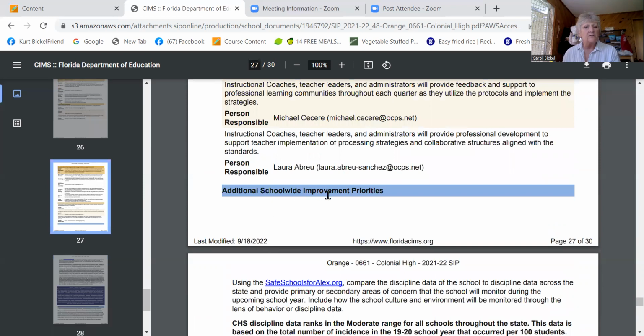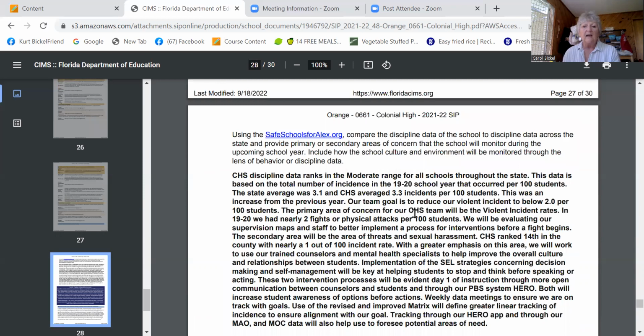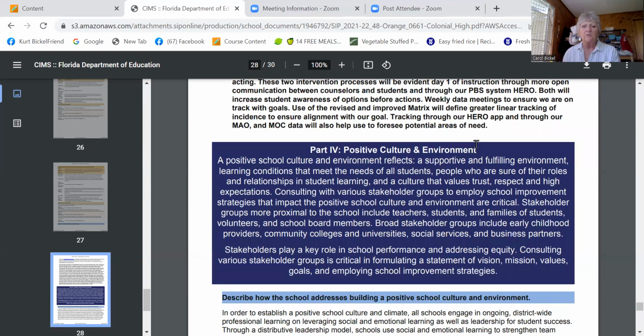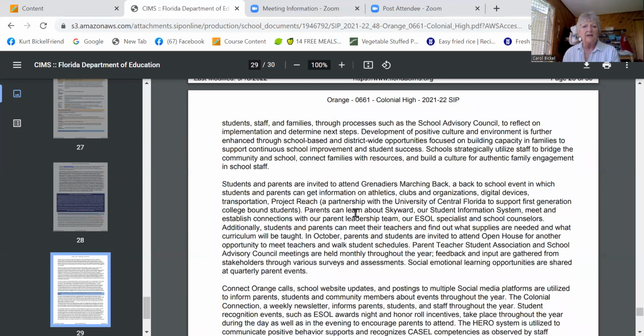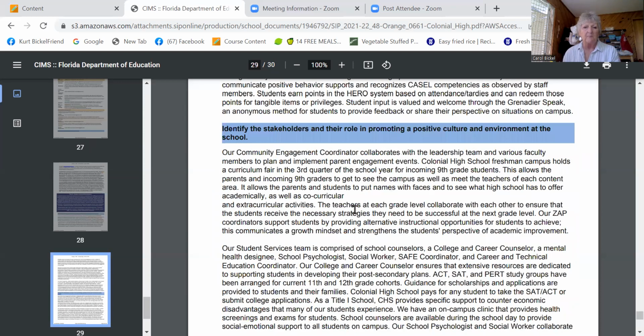There are additional school-wide improvement priorities that you can take a look at and see positive culture and environment. Anyway, it's just a very comprehensive school improvement plan. And for our schools, it is a requirement for them to do that every year.